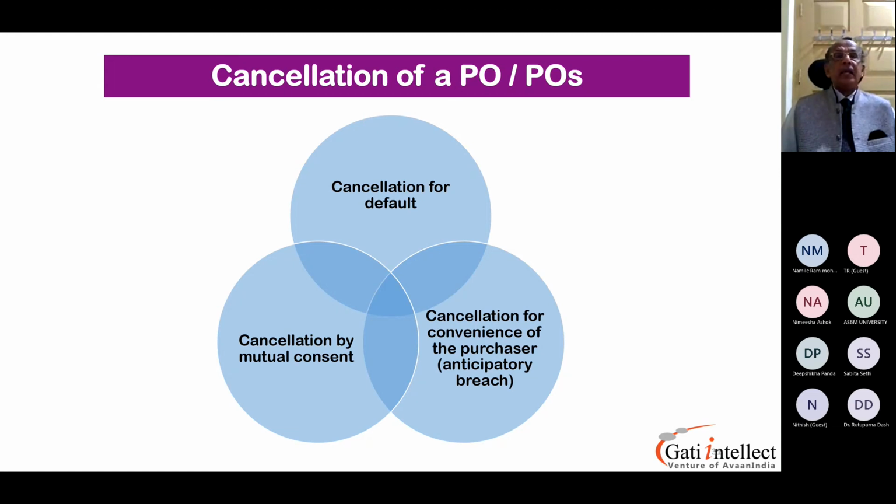Cancellation for default can happen if, as a supplier, you have continuously defaulted in maintaining the lead time that has been given. You have been coming up with so many excuses. The example that comes to my mind is the supplier manufacturer collaboration agreement.